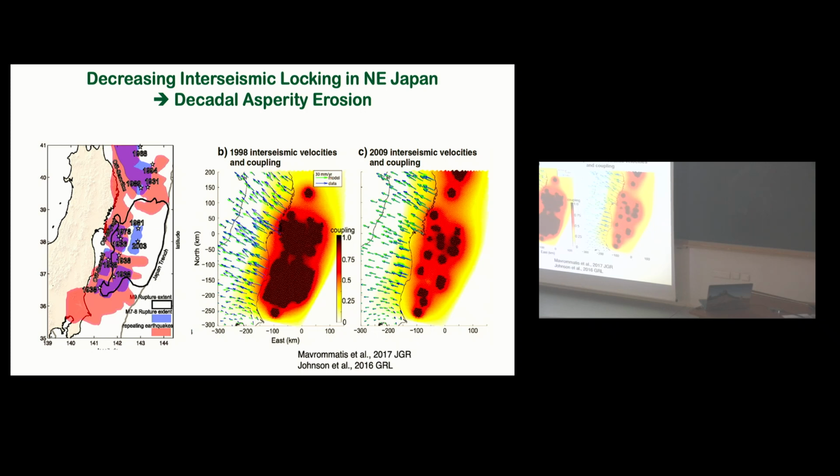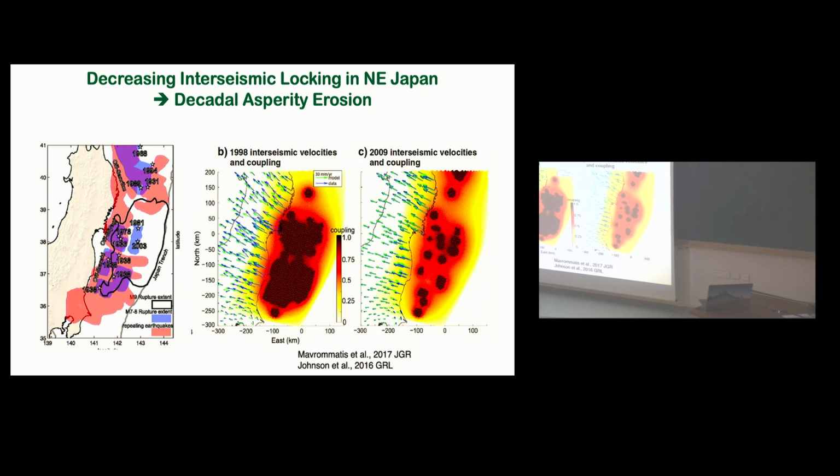What the data are really saying, and I'll be showing you a figure with another way of modeling or seeing that, is that the overall creep rate, the slip on the areas surrounding the asperities, is allowed to be faster. That's really what we're seeing. We're not actually seeing the asperities shrinking.